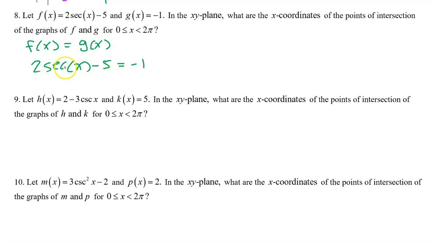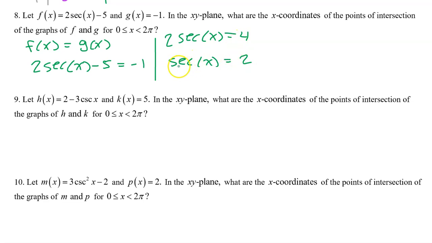Let's start by isolating the trig function. Adding 5 to both sides, we get 2 times the secant of x is equal to 4. Dividing both sides by 2, we get the secant of x is equal to 2.